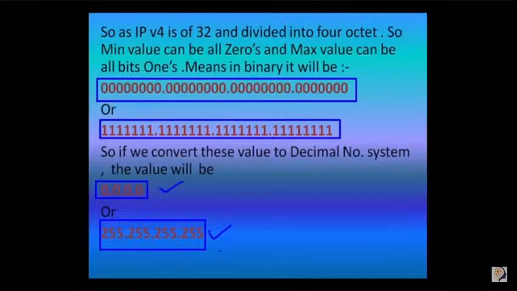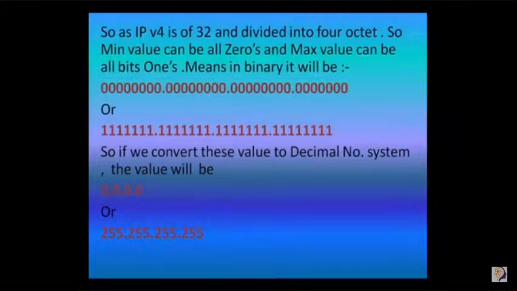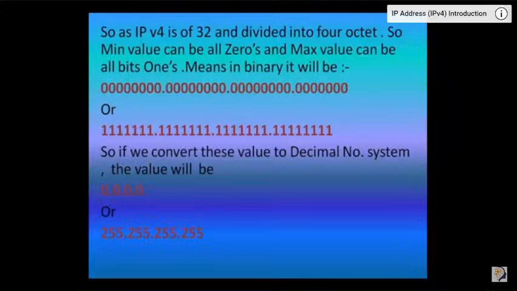Clear about the structure of IP? It is a 32-bit address divided into 4 octets. Each octet has 8 bits. The minimum value can be all zeros, and the maximum can be all ones. I told you it's very important to understand decimal and binary conversion.